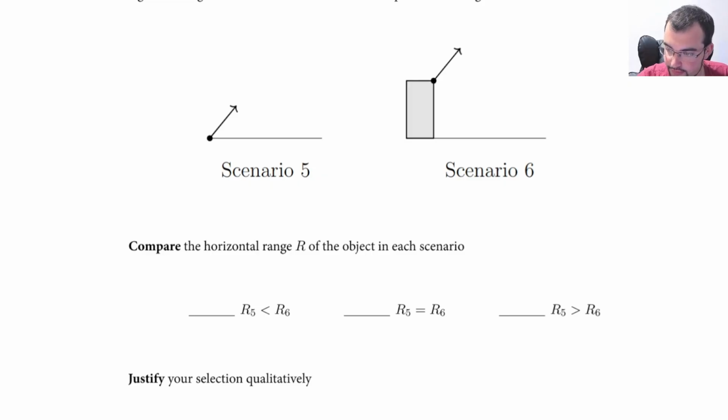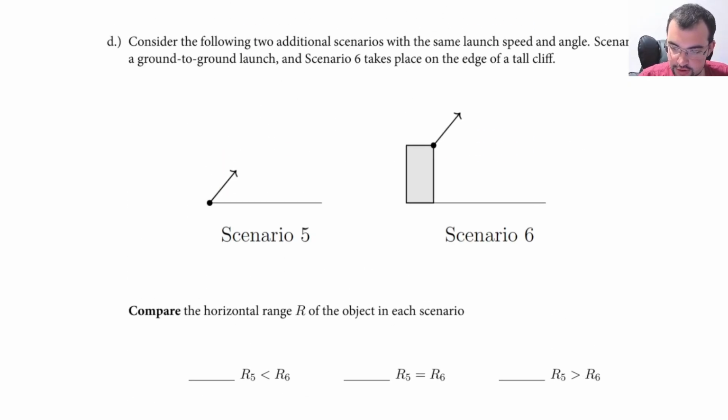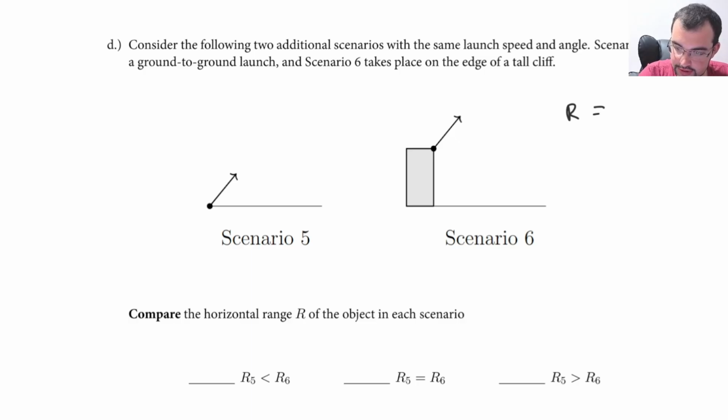Well, what is range? Well, the range is definitely just Vx times t. And if we're launching from the same angle, we know Vx will be the same for each of these. So we just got to look at t air. So we know that scenario 5 is going to have some path like this. And scenario 6 would also have that same path until it reaches sort of the ground spot.